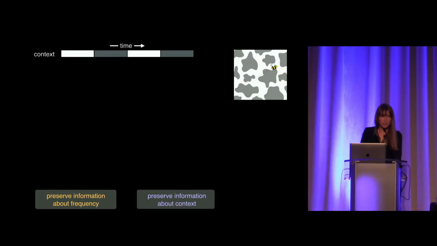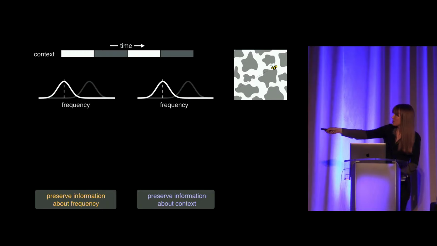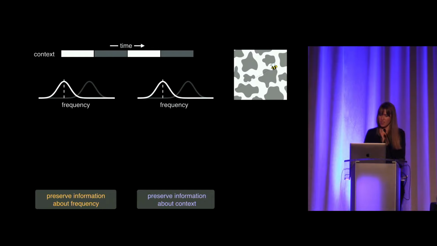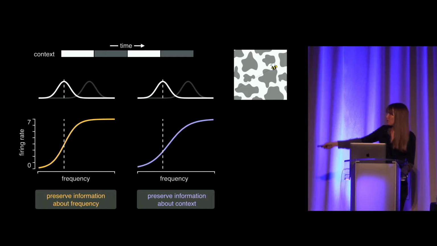And the solutions that we would get, depending on these two different objectives, are qualitatively different. Okay, so in both cases, we're trying to infer changes in this distribution of frequency, and we're trying to do that using the output of these tuning curves that map frequency onto some firing rate or some spike counts.